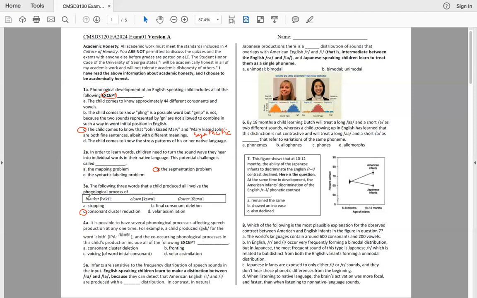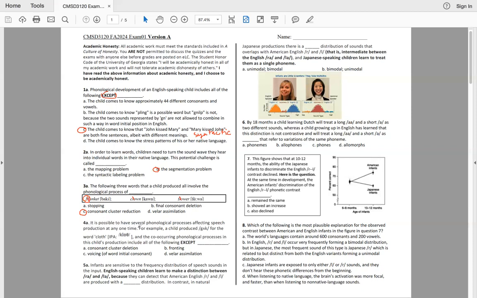So the l sound is omitted. In the second example, the l sound is also omitted. And in the third example, the l sound is also omitted. So in all 3 cases, a consonant, in this case the l sound, is omitted in a word-initial consonant cluster. So this process is called consonant cluster reduction.